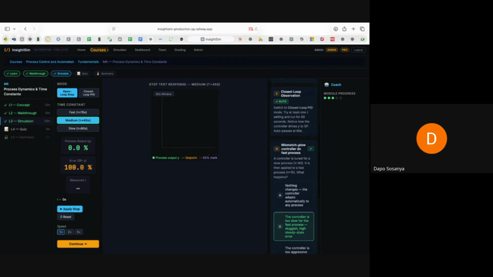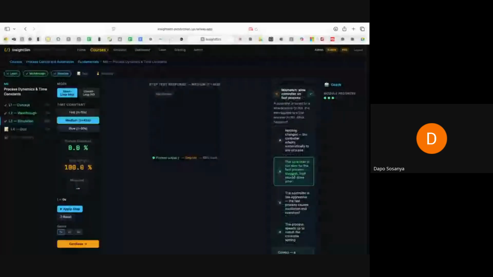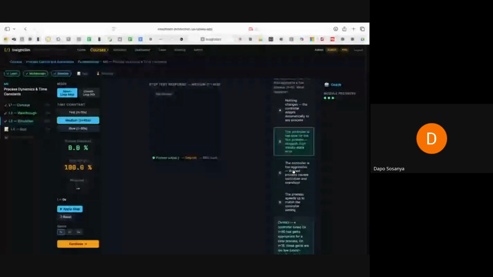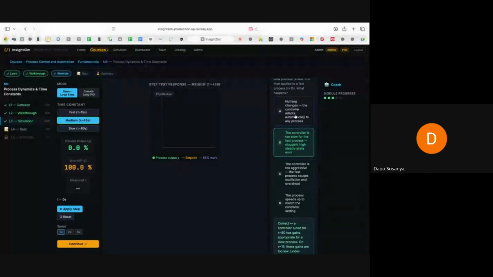Mismatch, slow. A controller is tuned for a slow process. It is then applied to a fast process, T equals 15. What happens? Nothing changes, the controller adapts automatically to any process.